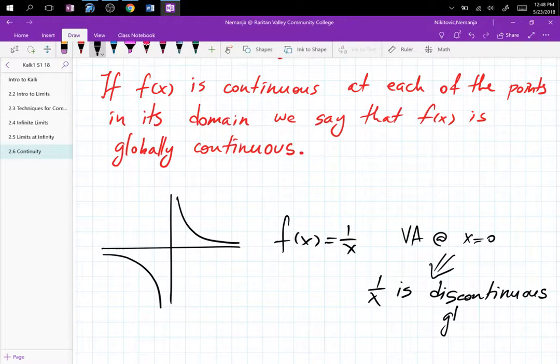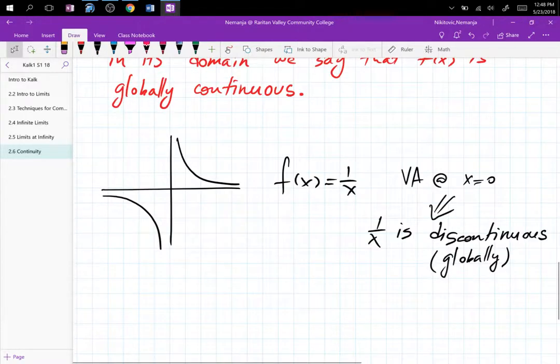But that's globally. It's globally discontinuous. But I have two pieces that are continuous. So what is now the piecewise continuity?